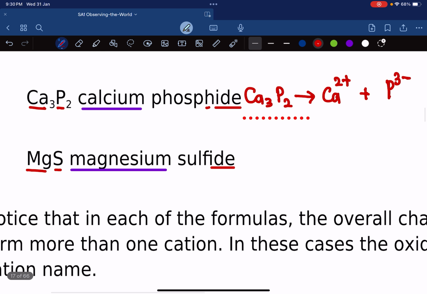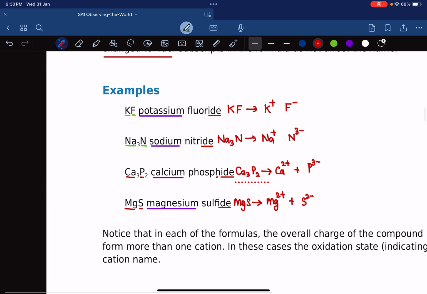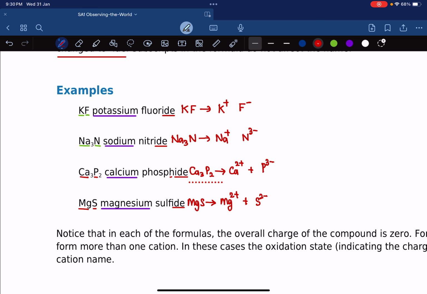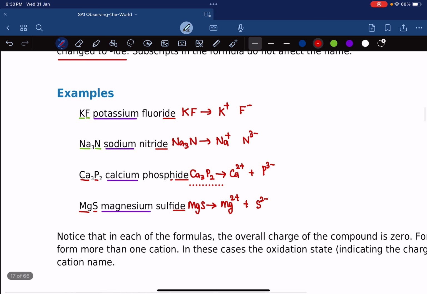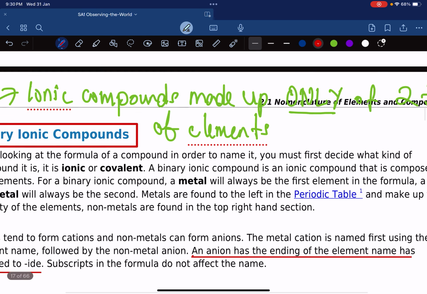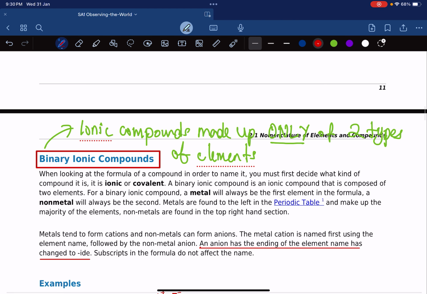Magnesium sulfide you can break up into magnesium and sulfide. So these are the names of binary ionic compounds. When you hear the words binary ionic compounds, you just need to know it is made up of only two types of elements.